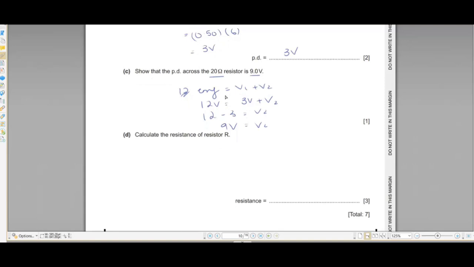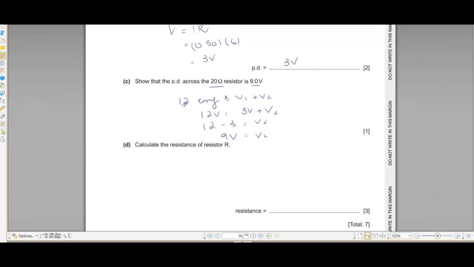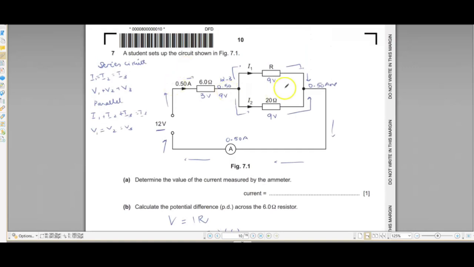Part D states that calculate the resistance of resistor R. So this is the resistor R. We first need to know what is the current that is going into resistor R, because V is equal to IR. We know the voltage, we need to know the current, and then only we will be able to find the resistance of this resistor.